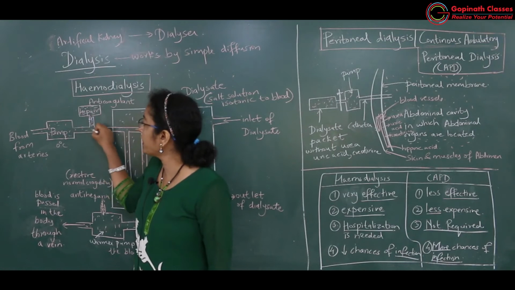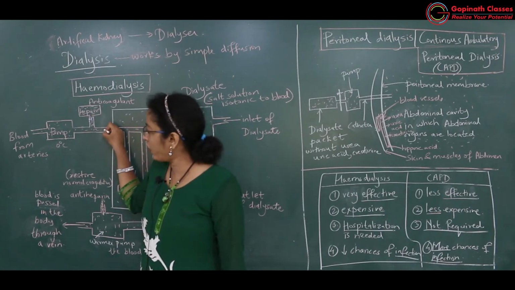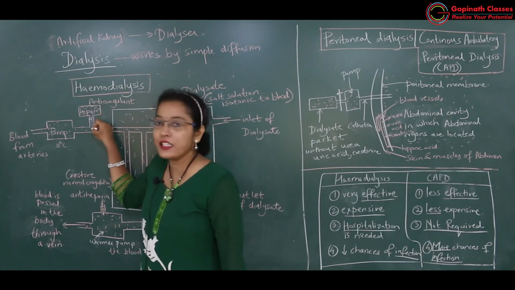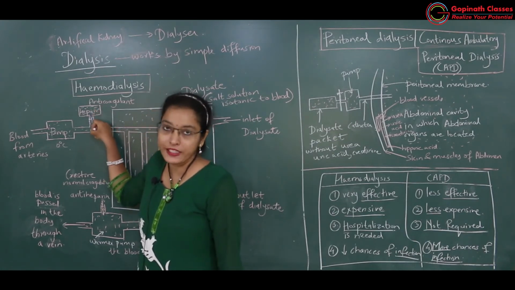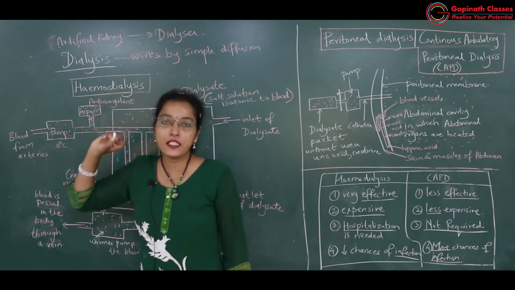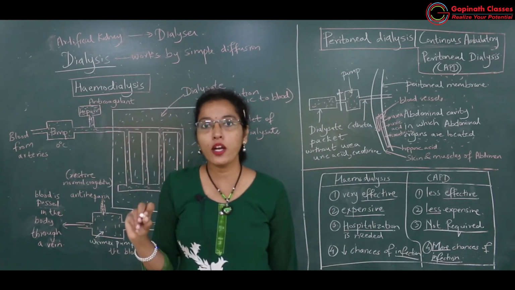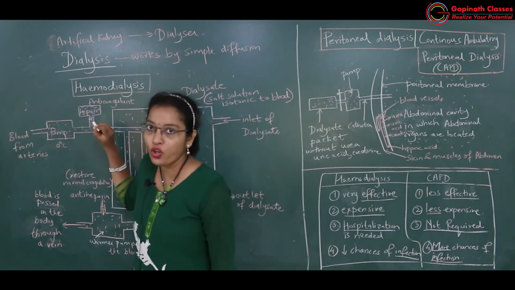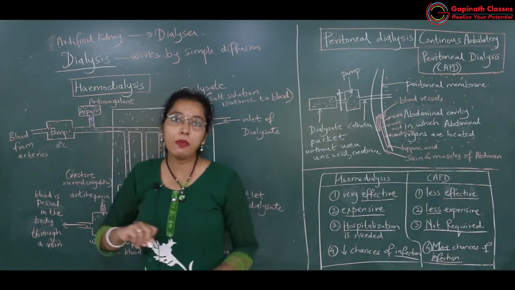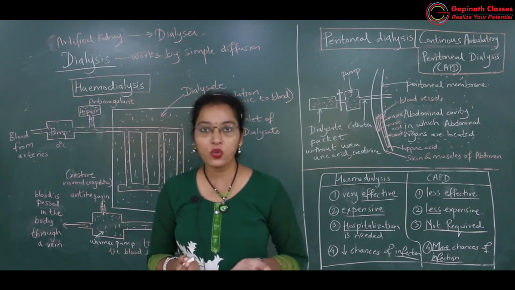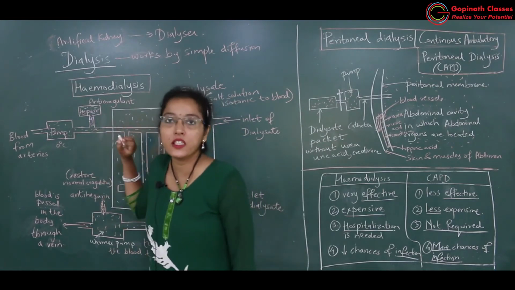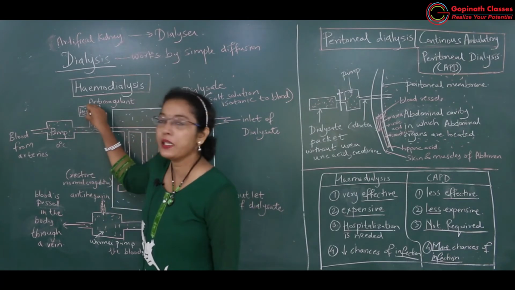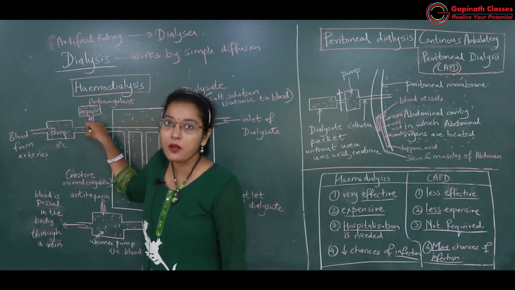Then this blood is passed in the catheter, and heparin is introduced from one inlet. Heparin is the anticoagulant, meaning against coagulation. It will prevent coagulation of blood. If blood coagulates, filtration will not happen and blood will not move in the dialyzer. So for that purpose heparin is added to the blood.